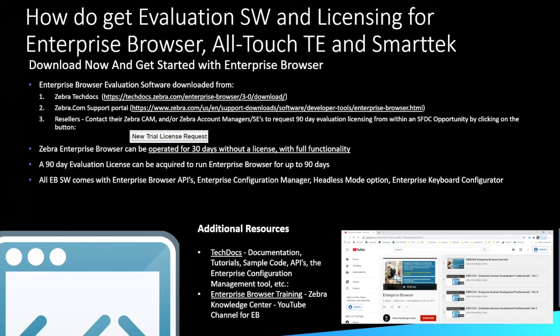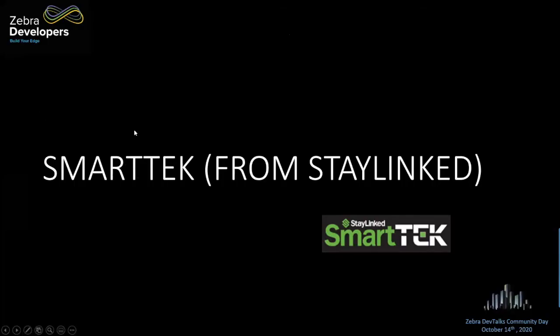You can get a 90-day evaluation license through your account team or your channel account manager for EB, or you can just continue to use it with the nag application, which doesn't even start until after 30 days. So that's EB. Prashant's going to go into that further.